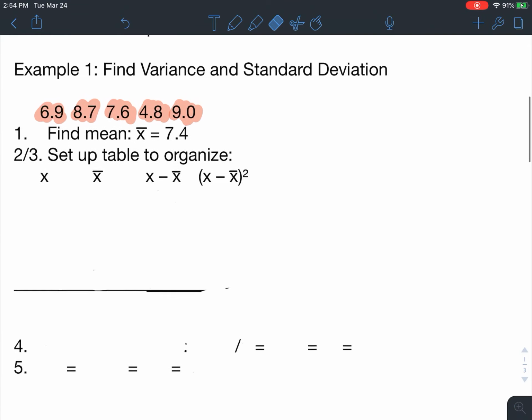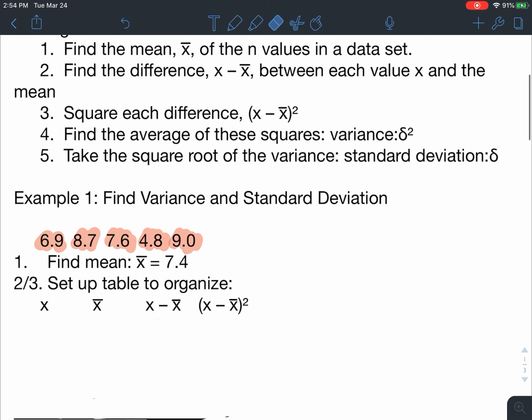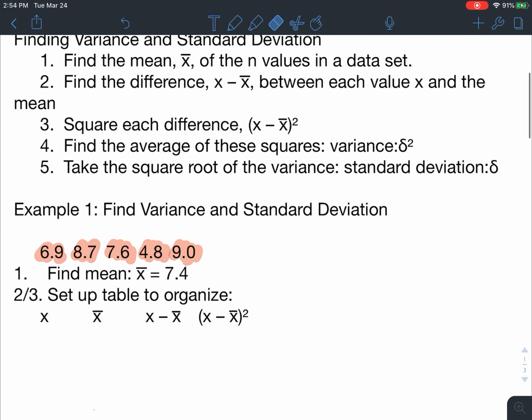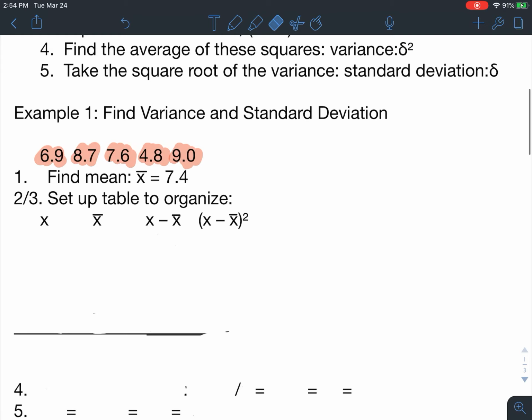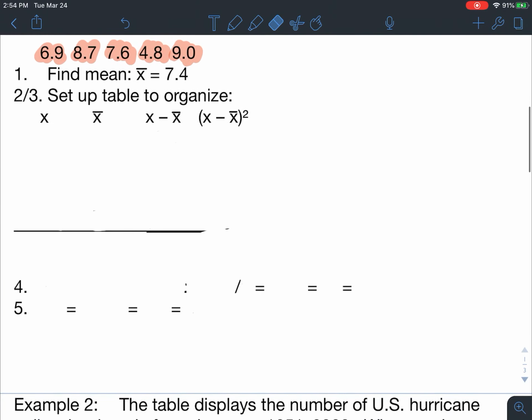We get 7.4. The next thing we're going to do is set up a table to organize, because to find the standard deviation and variance, I need to compare the mean to each X value. I can't do that all in one step. So we're going to have a little table here to help us organize.